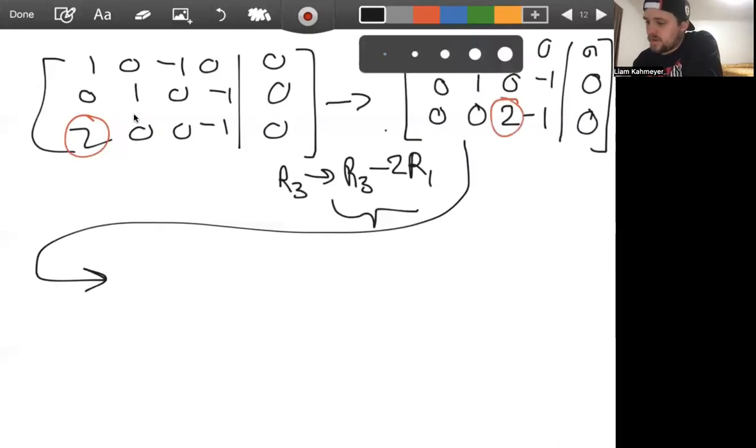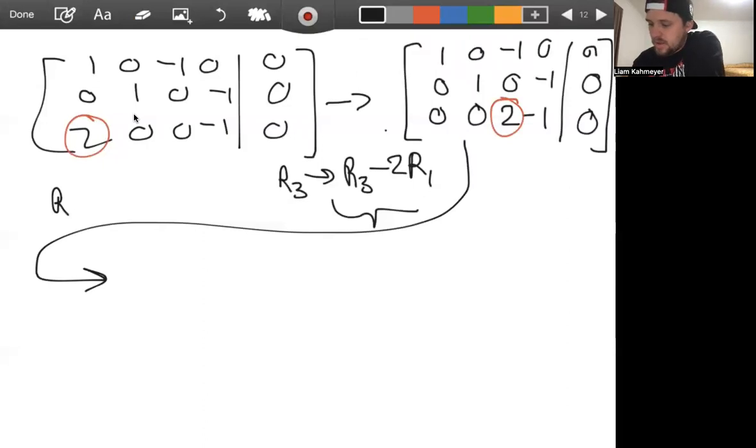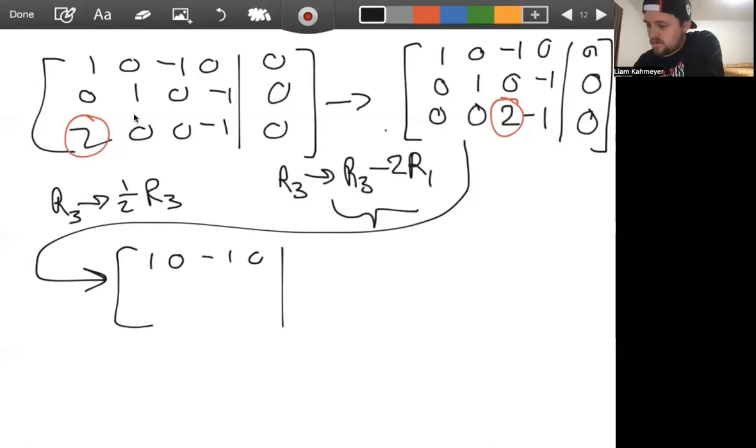So now we need to take row 3, and we're going to say row 3 is replaced with 1/2 row 3. This gives us 1, 0, negative 1, 0, 0, and then 0, 1, 0, negative 1, 0, and 0, 0. I feel like I'm talking in binary almost. You divide by 2, you get 1, and then we'll have negative 1/2, 0.